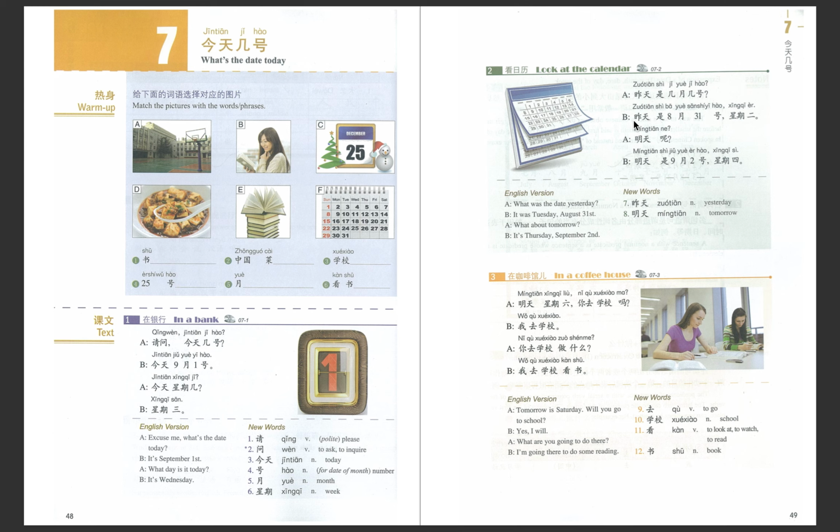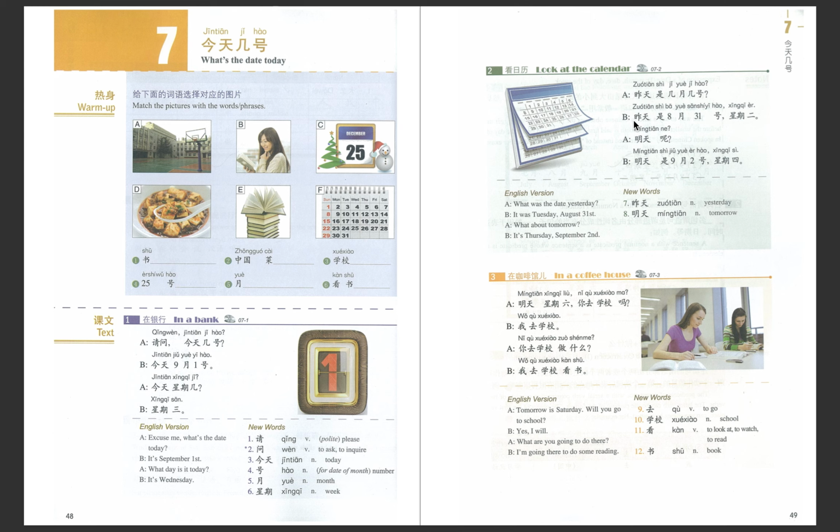昨天是8月31号，星期二。昨天 yesterday, 是 was, because yesterday is at the beginning, so it's the past. 8月, the 8th month of a year, August. 31号.